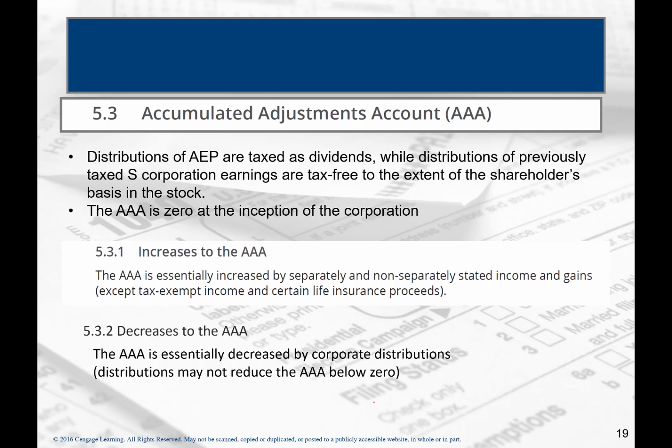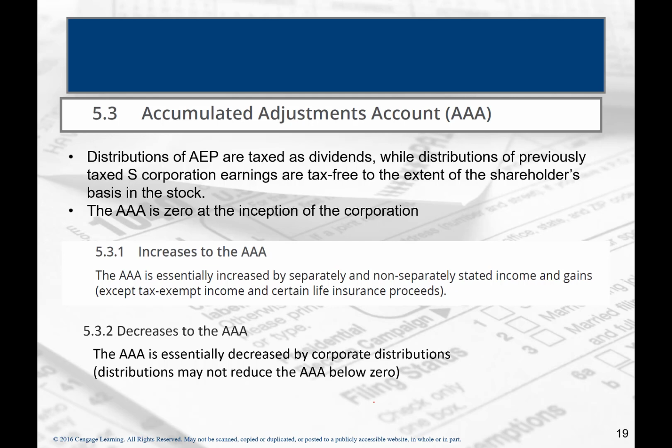Well, we're going to have to calculate something called an accumulated adjustment account, an AAA, and distribution of the accumulated earnings and profits are going to be taxed as dividends, while distribution of previously taxed S corporation earnings are tax-free to the extent of the shareholders' basis in the stock. That will bring the AAA to 0 at the inception of the corporation.